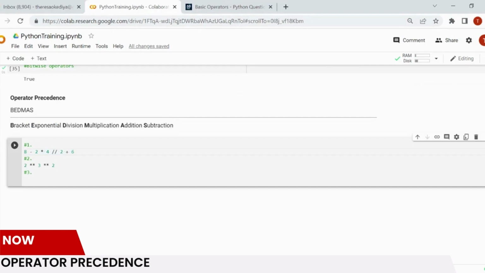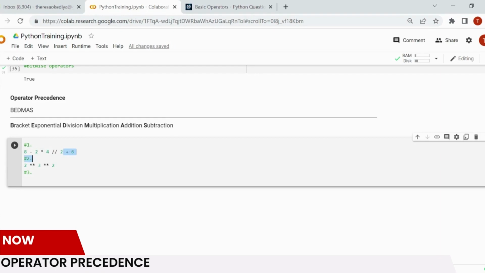Okay, so let's see. For this, we have 8 minus 2 times 4 divided by floor division 2 plus 6, right? If we look at this, it probably is going to evaluate exponential first. I mean, there is no exponential as well. It's going to evaluate either division or multiplication first.